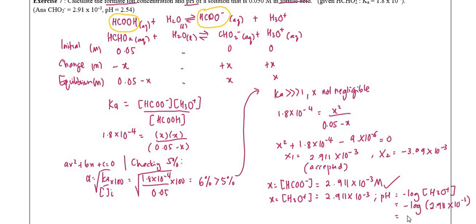You get the value 2.54. This is your answer. The first one is the molarity of formed ion, and the second one is the pH of the formic acid.